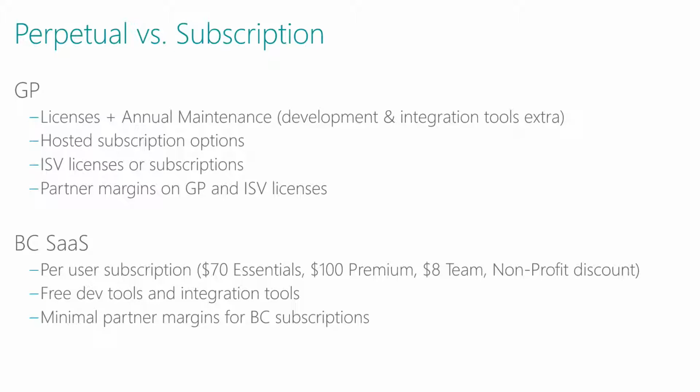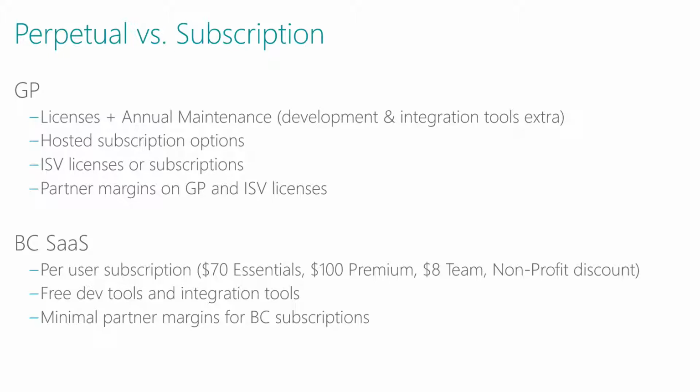It's a pretty significant purchase. And Dynamics GP does have additional add-ons, whether that's additional functionality for things like manufacturing and field service, or the development and integration tools, which are now an extra charge. So that's a pretty significant cost.